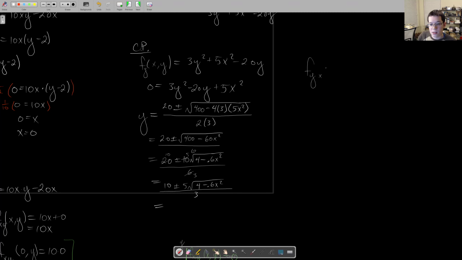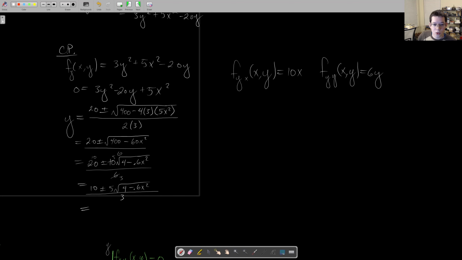fyy, or yx of xy equals, take the derivative of this with respect to x, 0, this with respect to x is 10x, and that with respect to x is 0, and then we have f of y, 3y squared becomes 6y, and the derivative of that term with respect to y is 0, and so then we have minus 20.